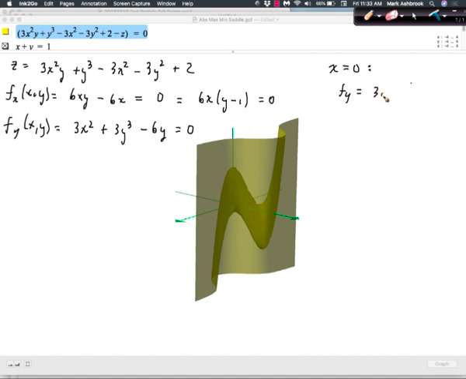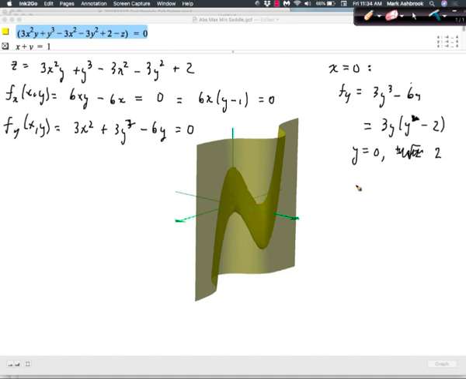So 3y cubed minus 6y, factor out a 3y, you get y squared minus 2. So when x is 0, what makes this one 0 could be y equals 0 or plus or minus radical 2. 3y squared, thank you. So this should be just y minus 2. Okay, so then it's just 0 and 2.